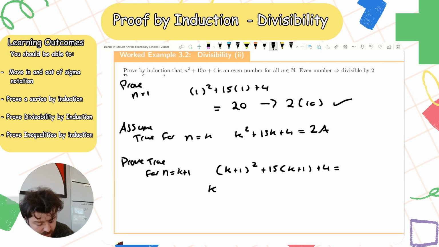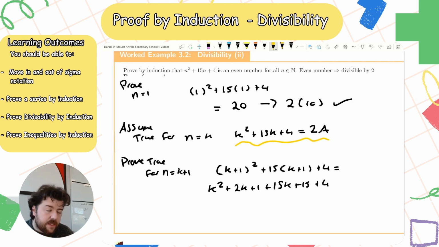This will multiply out to k squared plus 2k plus 1 plus 15k plus 15 plus 4. Now, what I realize here is my assumption is that k squared plus 15k plus 4 is divisible by 2. So gather those 3 terms here, and now I'm going to replace these 3 terms with 2a.